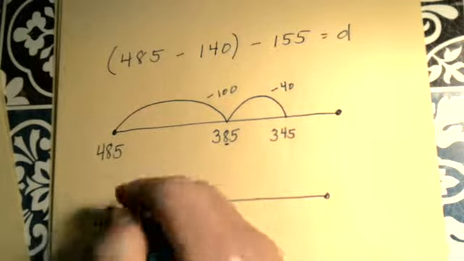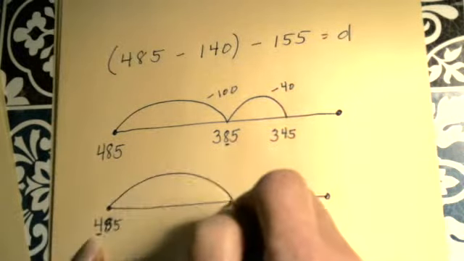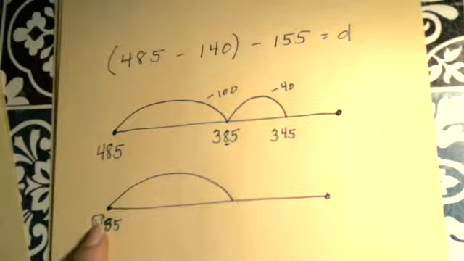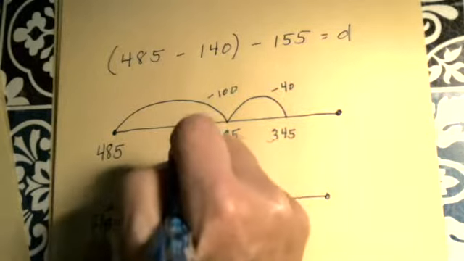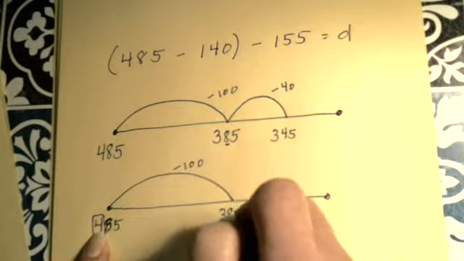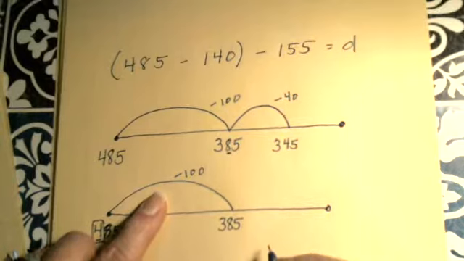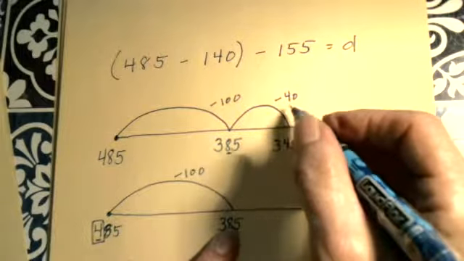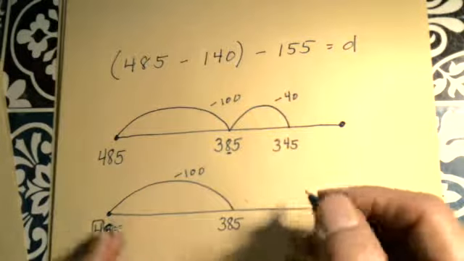The reason I do the 100 is because if I just look at this hundreds place and take 1 from it, I know that's going to get me to 385. And I still have 40 that I need to take away. And when I told you to just put the minus 40 here, maybe that confused you.